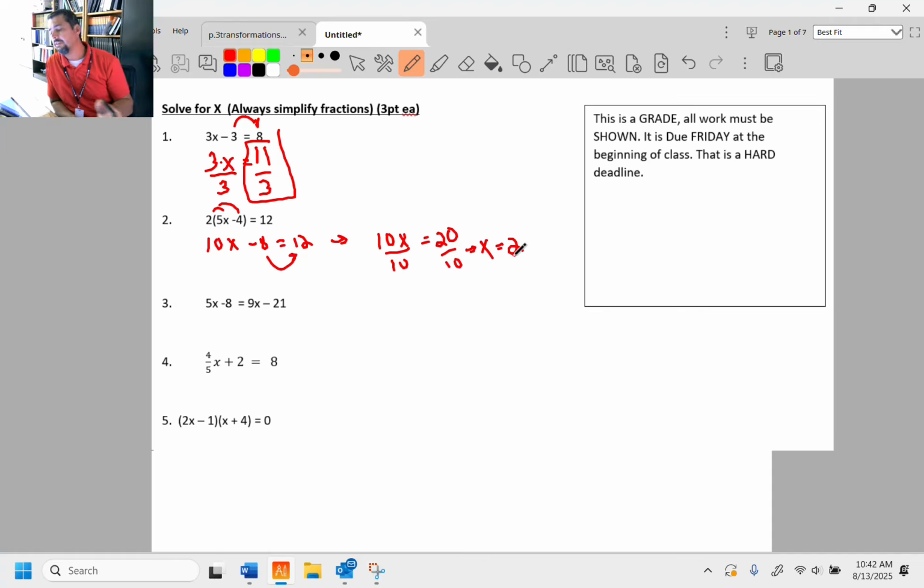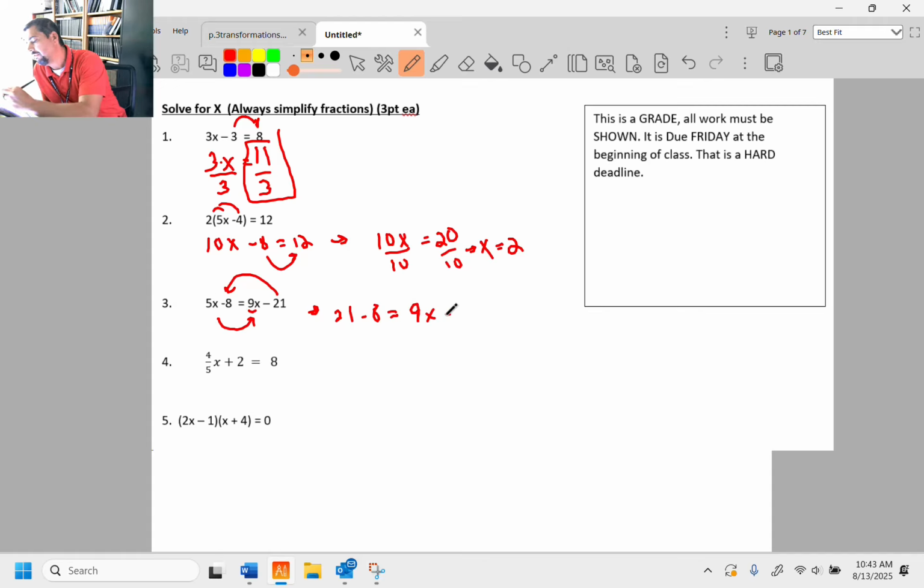All right, the third one. X is on one side, numbers on the other. If you're a shift x's left person, then shift them left. I shift them whichever way is easier. I'm going to shift my x's over here and my numbers over here, okay? Remember, if you jump equality, your signs change. So the left-hand side would now have a positive 21 minus 8 equal to the right-hand side, which is a 9x that I did not move, subtract 5x.